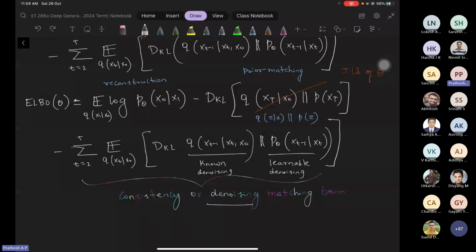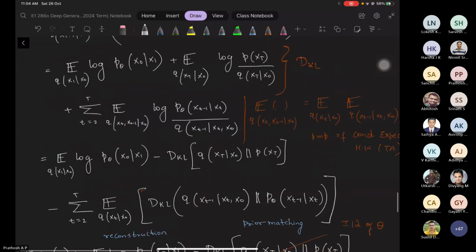Yes, Raghavendra, go on quickly. Yes, sir, two steps above. Can you make it quick, please? How did you change the expectation in the third sum to xt and xt minus 1 given x0?